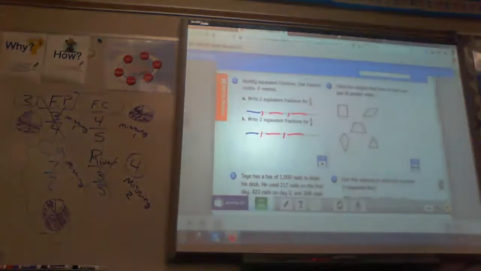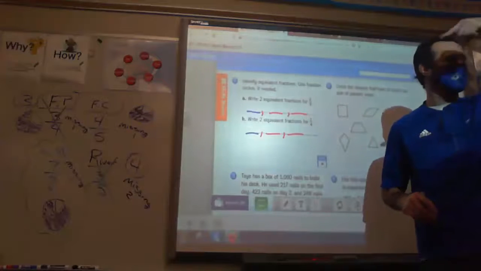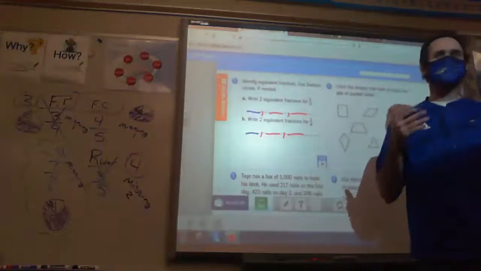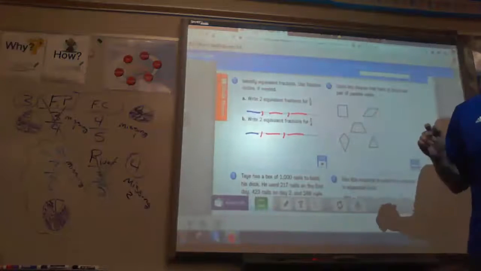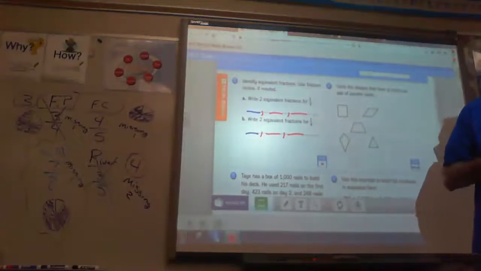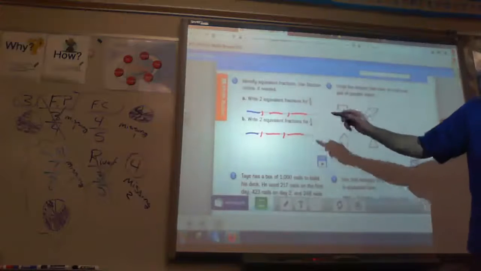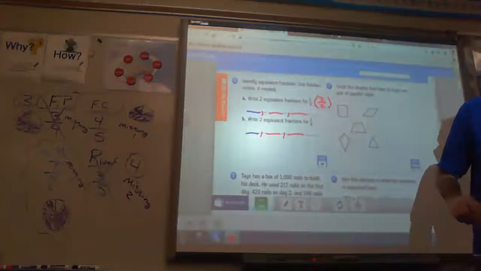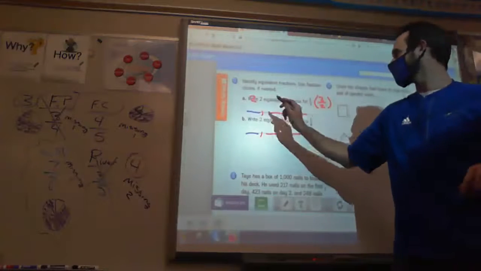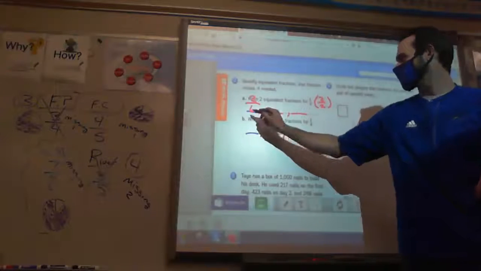The easiest way to do this is to multiply. And when you multiply a fraction, whatever you do to the denominator, you also do to the numerator. But conversely, it could also be whatever you do to the numerator, you do to the denominator. Okay, so watch, I'm gonna do the easiest one. So you guys have to do a hard one. I'm just gonna take it times 2. 1 times 2 is 2. 3 times 2 is 6.